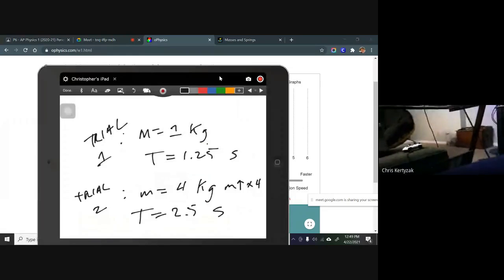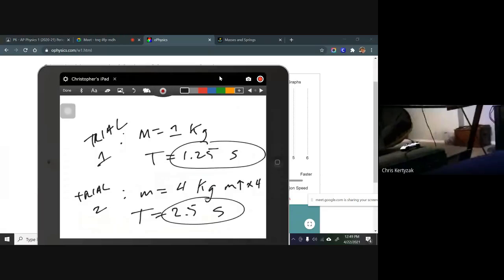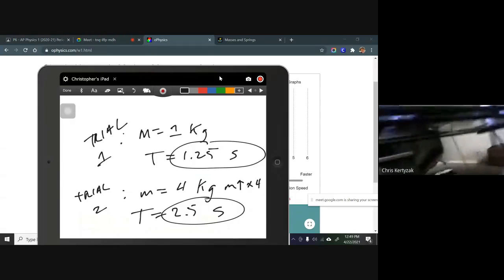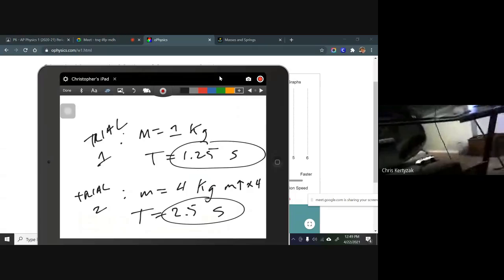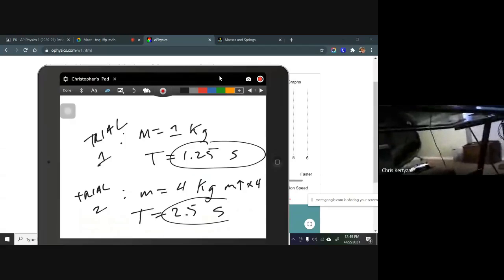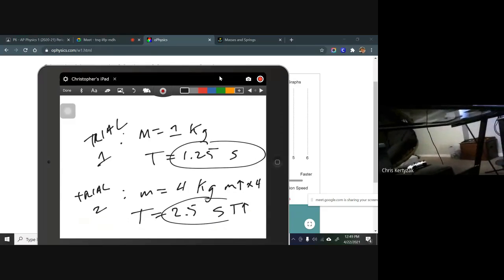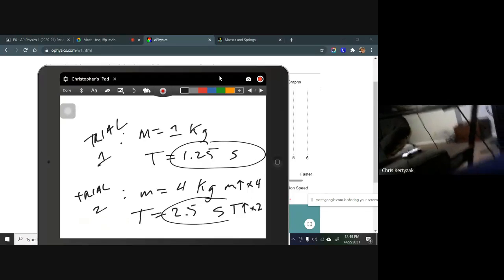Now notice that the first trial was half of the period. This new trial was twice as much time. So we notice again that there is a mathematical correlation here, not just some random correlation. They're mathematically connected. So the period increased by a factor of 2, right?